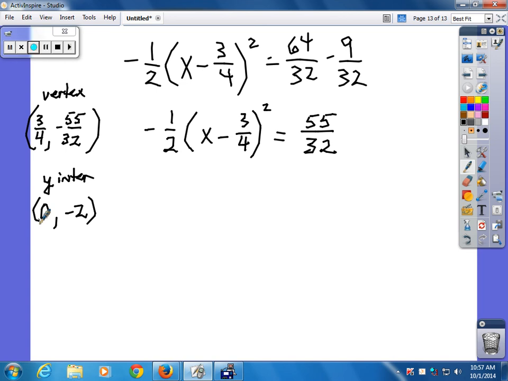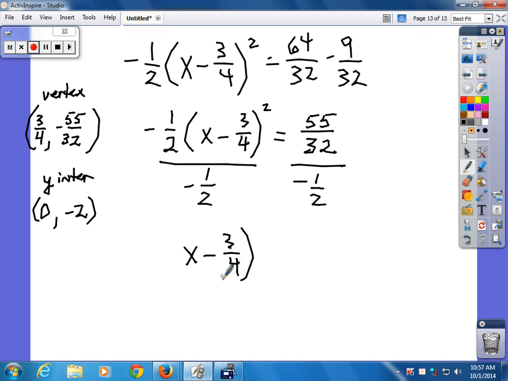And let's go ahead and know x-intercepts. X minus 3/4 quantity squared is equal to negative 55 over 16.